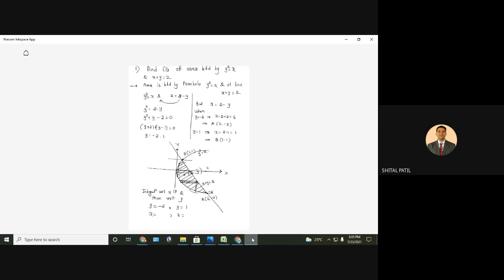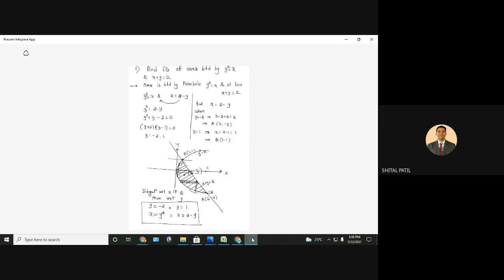And what is x on the parabola? y square. Where does it end? Along the line. 2 minus y. Absolutely. These are the limits: minus 2 to 1 for y, and y square to 2 minus y for x.